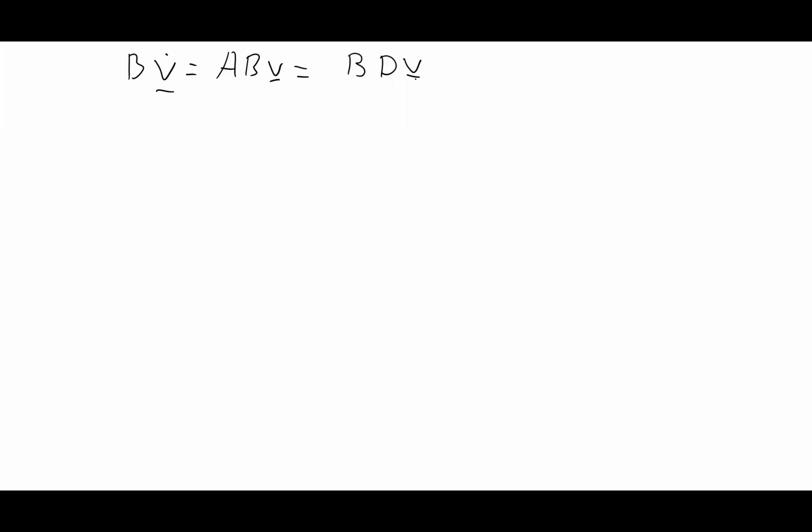If B is non-singular, B can be cancelled by multiplying by the inverse of B from the left. So therefore we got V dot equals lambda 1, 0, 0, lambda 2 times V.